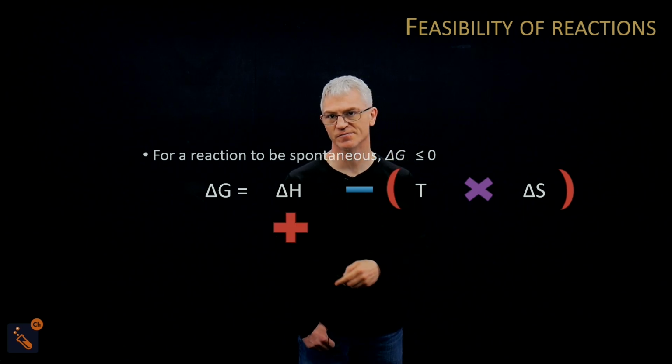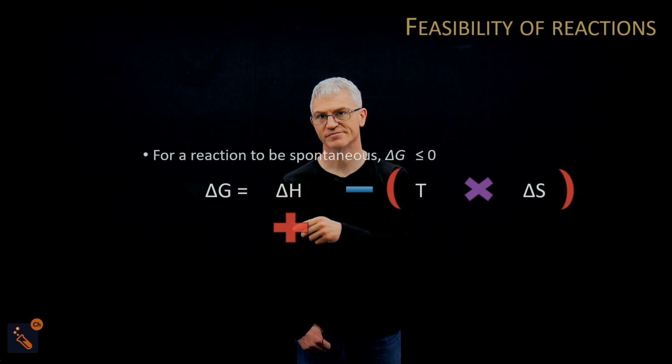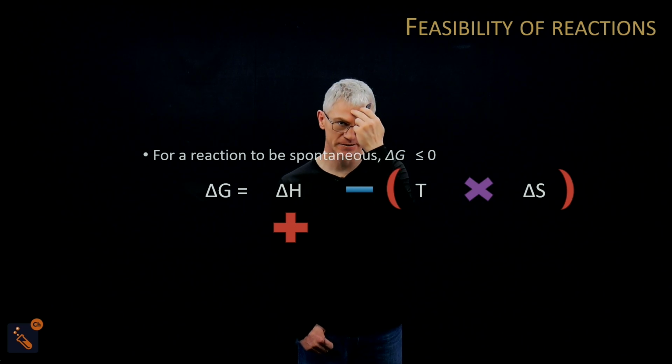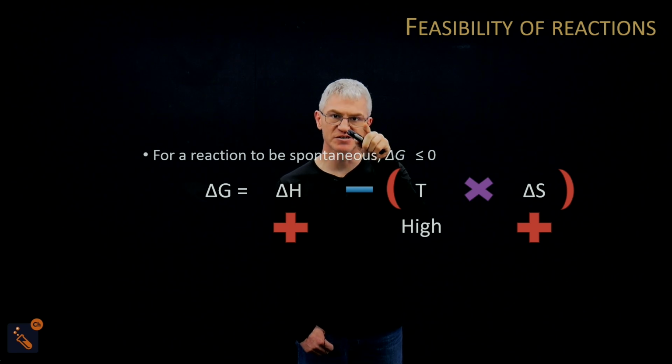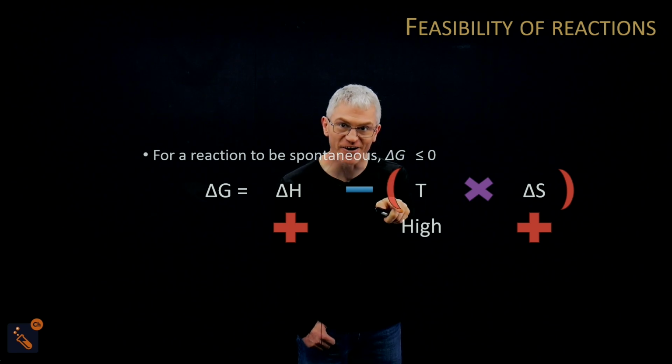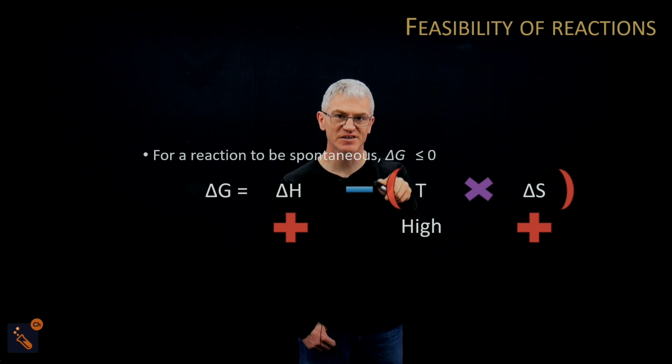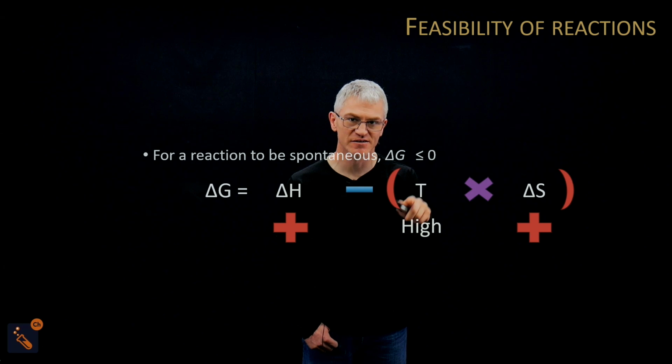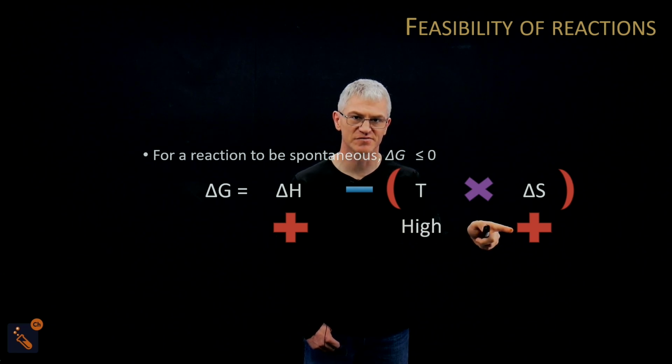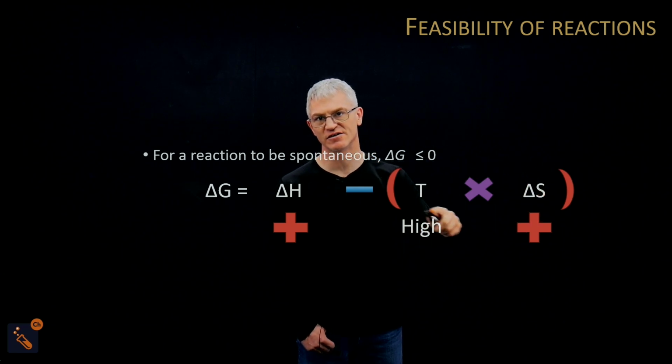So here we go. First of all, if this is positive, I need you to put this into your brain and just say, right, okay, that's a positive number. And that number is high. So this T is high. If you think of it with the brackets around it, I think it's easier. A high number times a positive means this is going to be a very large positive number.